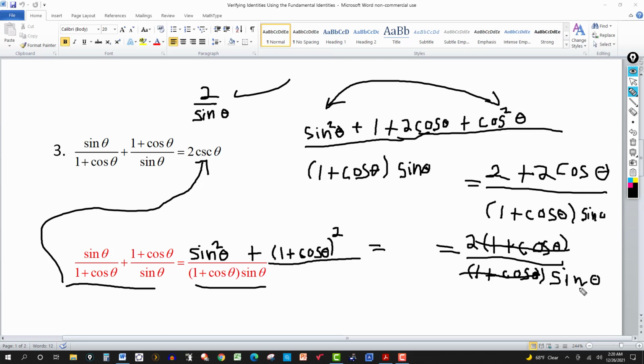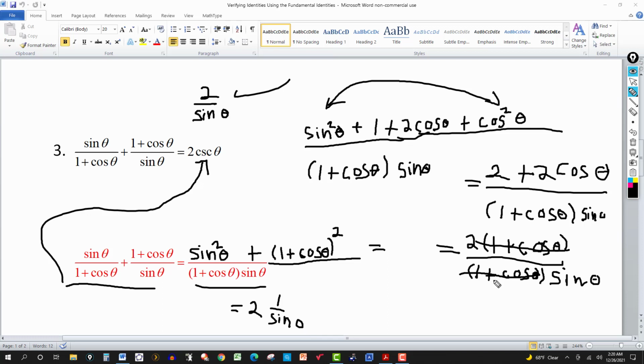But 2 over sine theta is equal to, they put the 2 here this way, and then this will become 2 times 1 over sine theta, just to make it clear.